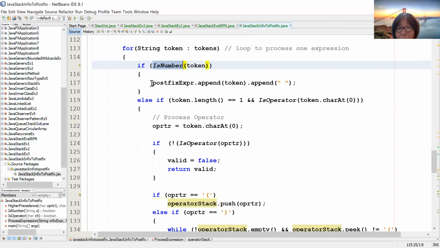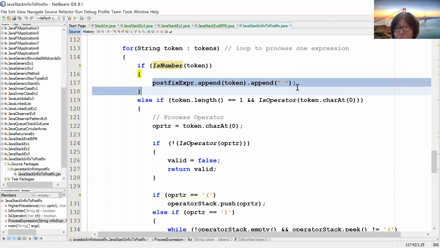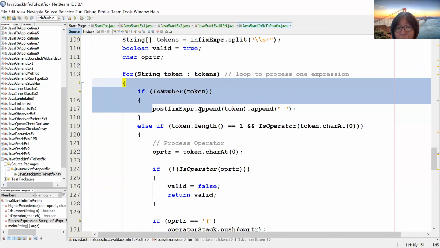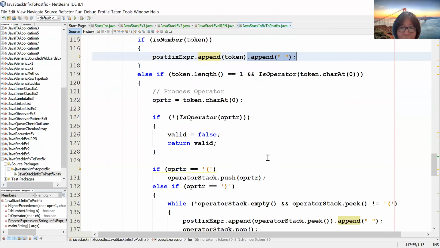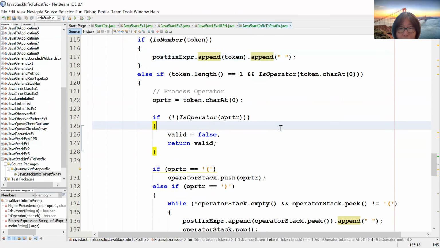If it's a number, you directly add it to the postfix. That's why our string builder postfix expression is called with the append function. For a string you don't have an append function, but for a string builder you can call append. We also use a space to separate different tokens, so you append the token, and after that, you append an empty space.